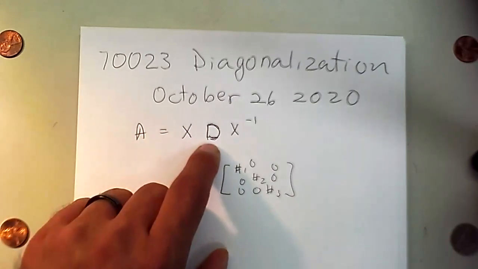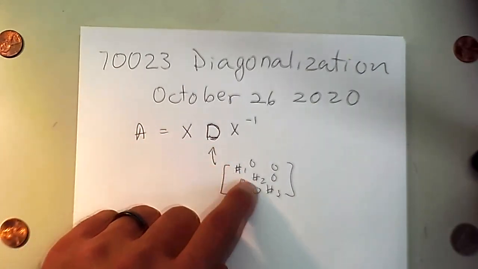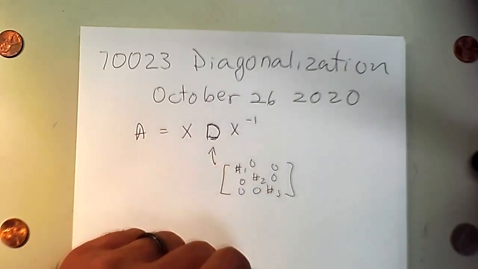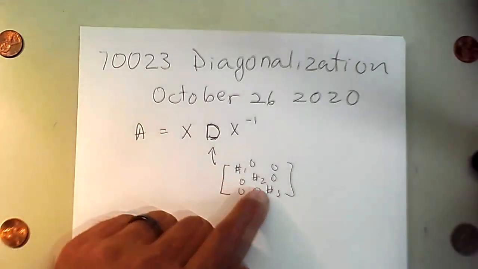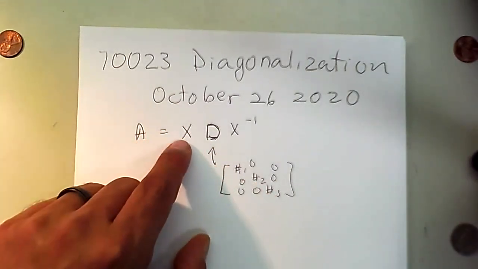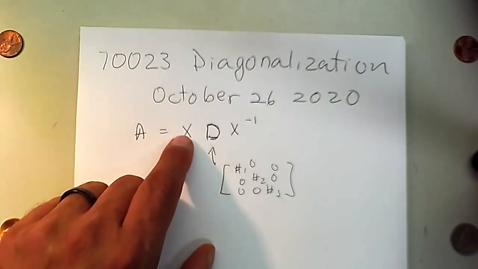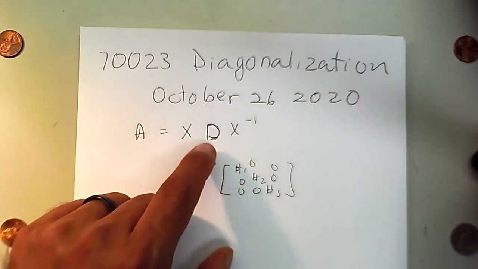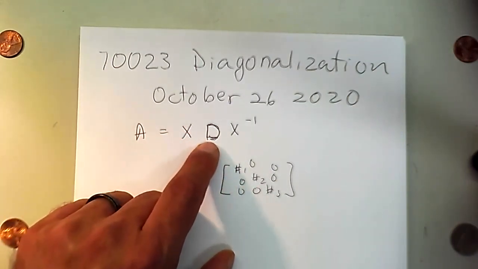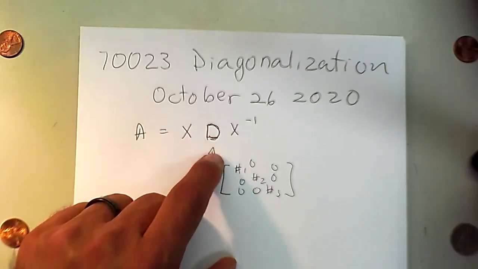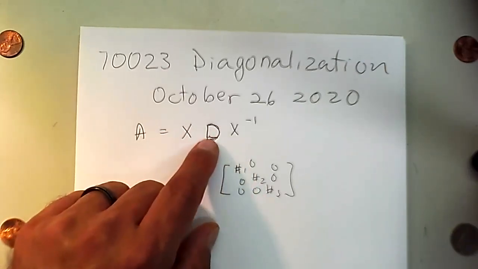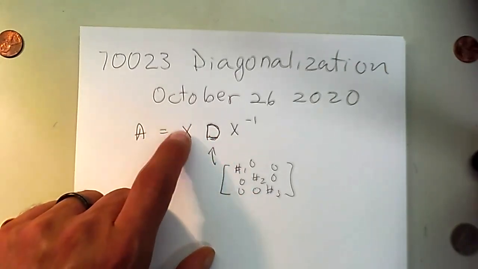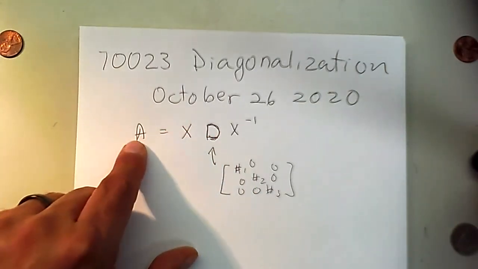But the other thing I wanted to mention is that the entries of the diagonal matrix are actually the eigenvalues of A. And the columns of X are going to be the eigenvectors of A. Essentially, I already told you how to do this. So the diagonal matrix will be made up by the eigenvalues of the matrix A, while X, the columns of X, are going to be the eigenvectors of A.